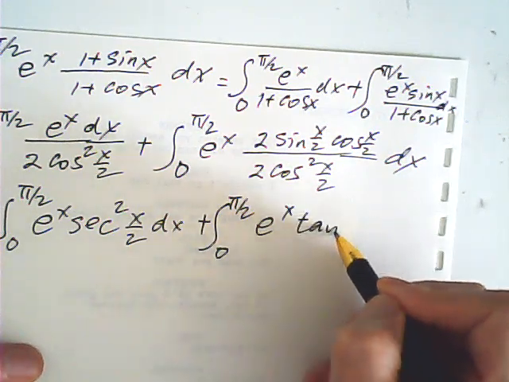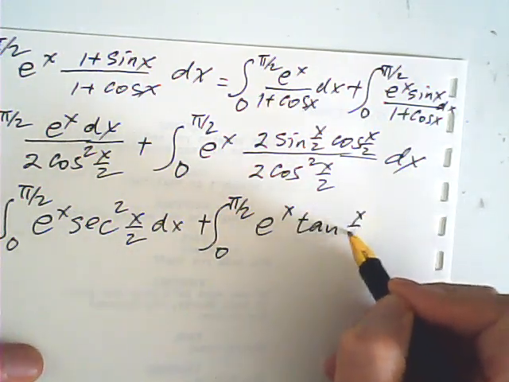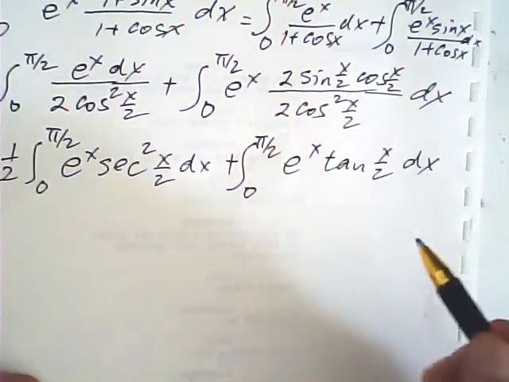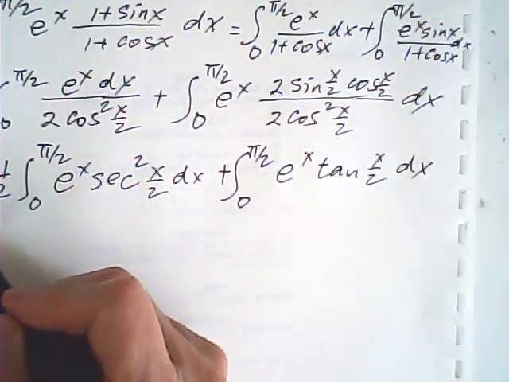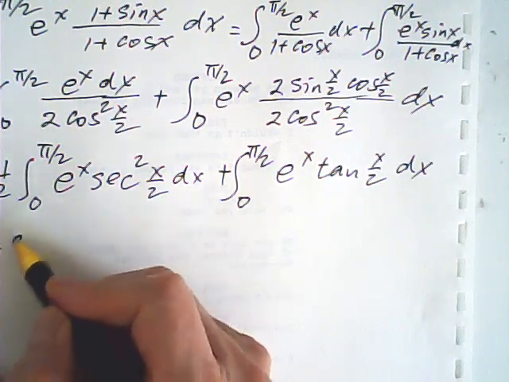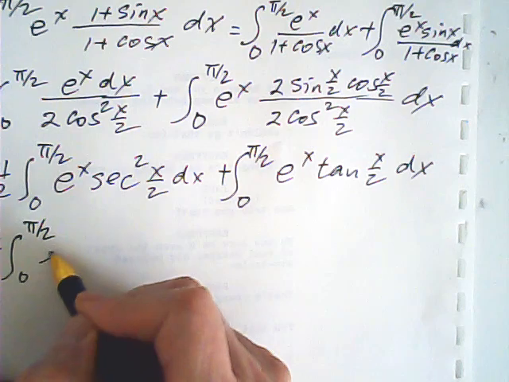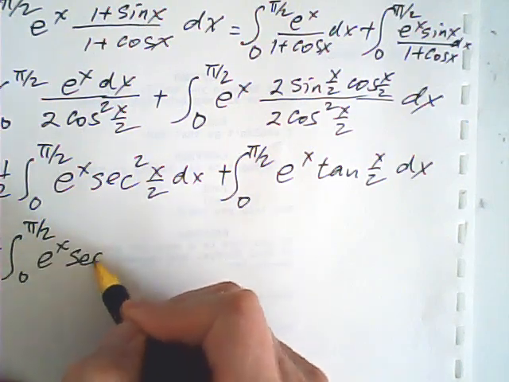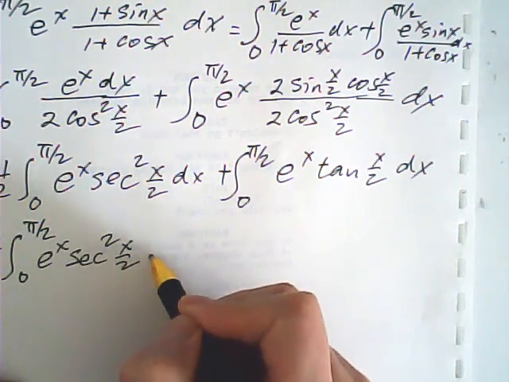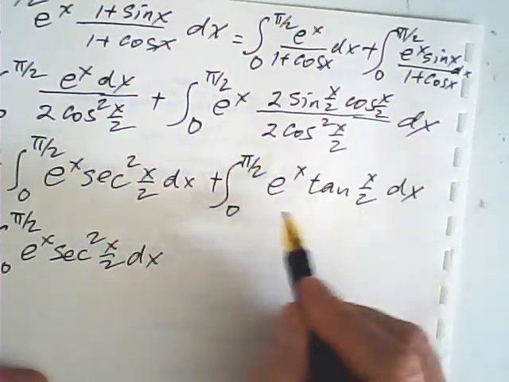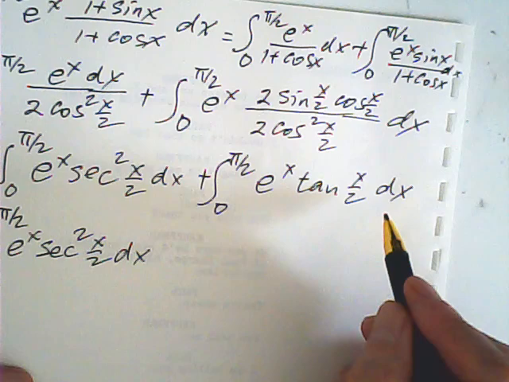It's tangent half x dx. This one is equal to 1 half secant square half x. Now this one I can do by parts, right?